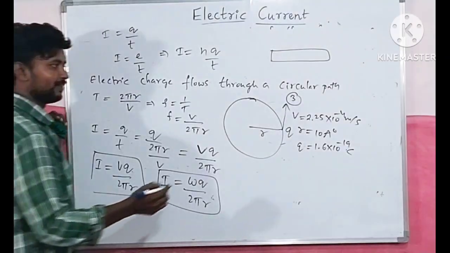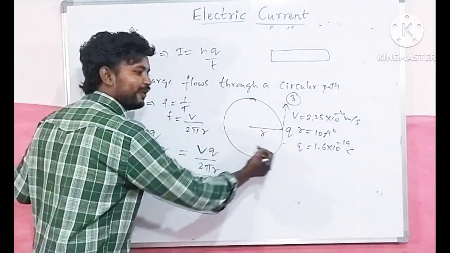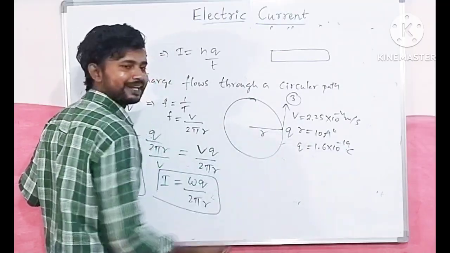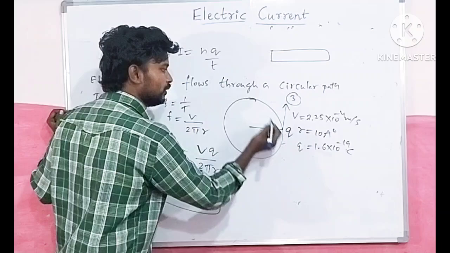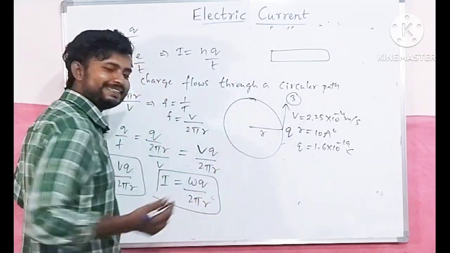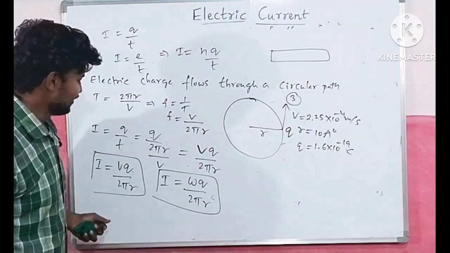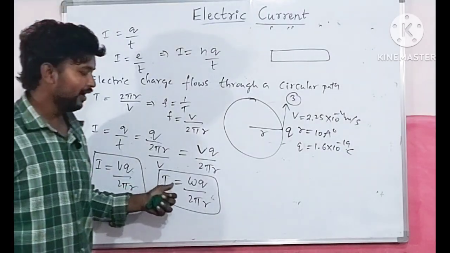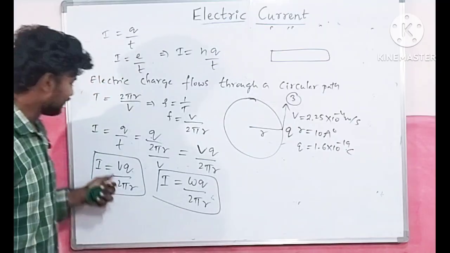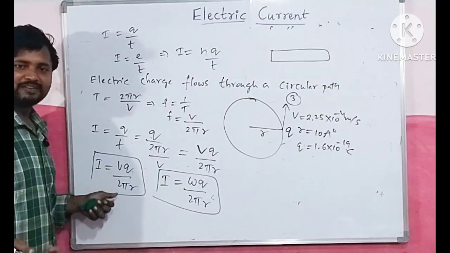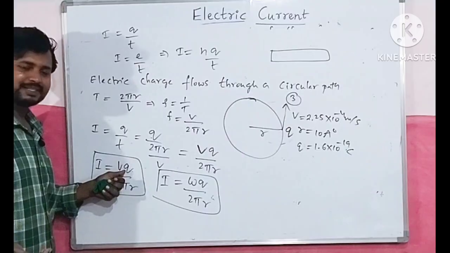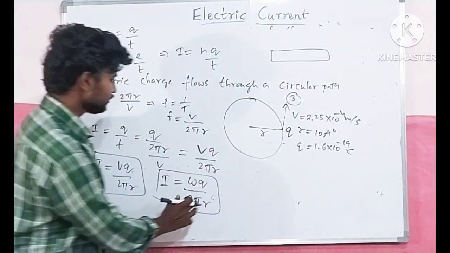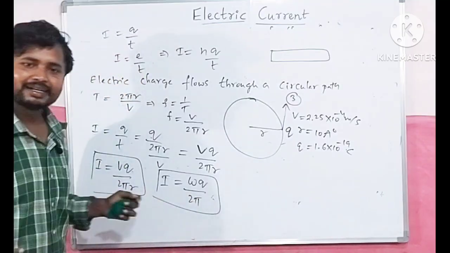When the charge is flowing through a circular path of radius R, and the charge is Q, what is the current? Current I equals VQ by 2 pi R, or I equals omega into q by 2 pi r. Here V is the speed of the electron, q is the charge, r is the radius of the circular path, and omega is the angular velocity.